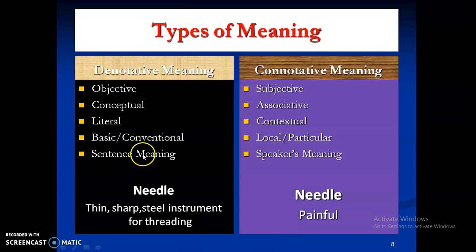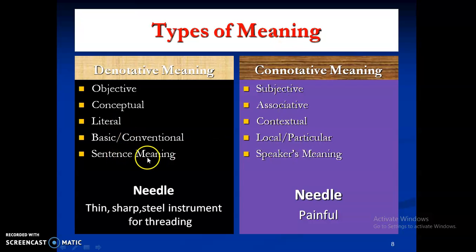It is sentence meaning. Now in contrast with denotative meaning, we have connotative meaning. If denotation is objective, then this is subjective. It is associative meaning, extra meaning. If denotation is literal, this is contextual meaning, local or particular meaning.